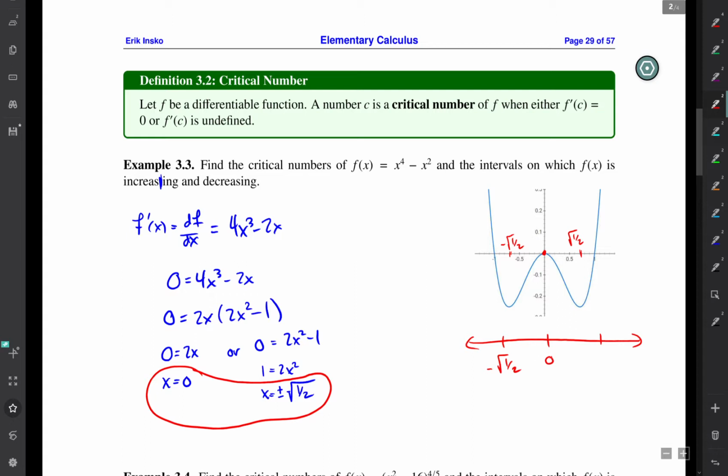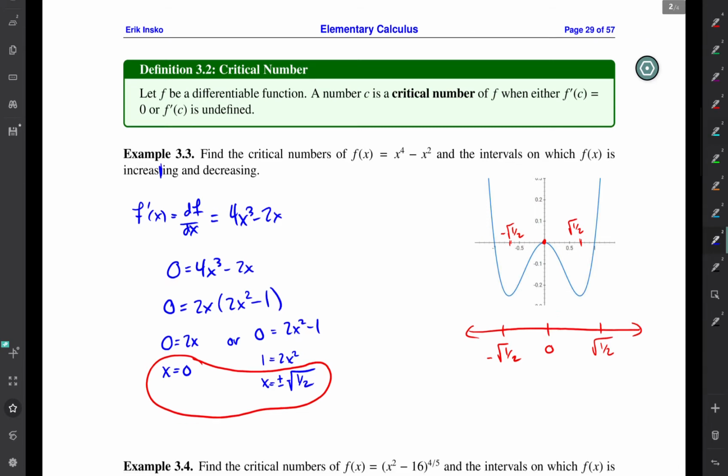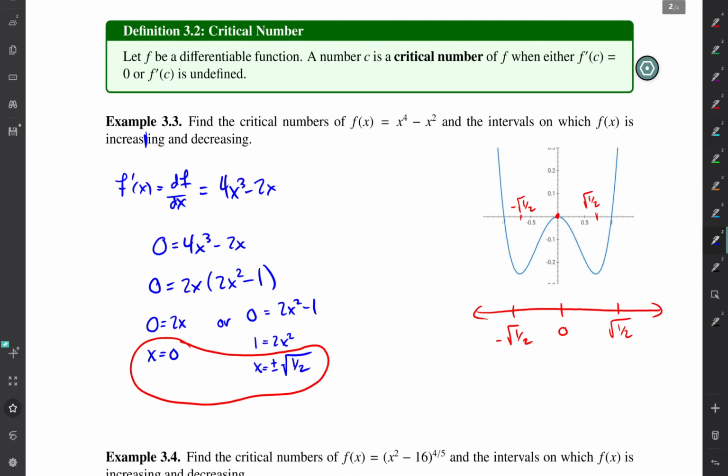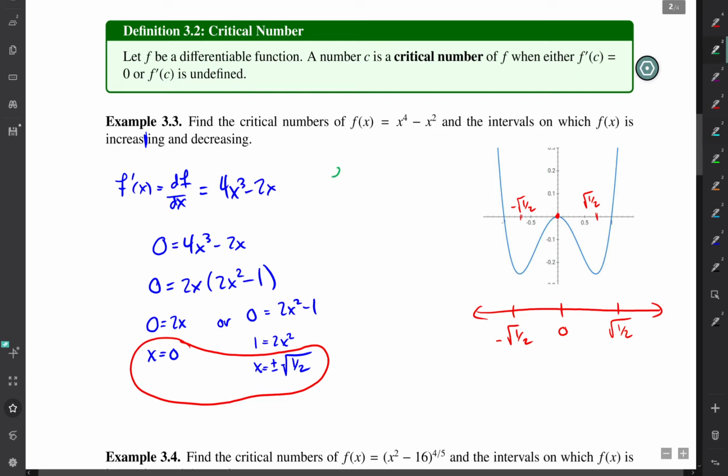And we need to check points in between those critical values to see if the function's increasing or decreasing, or to see if the derivative is positive or negative. And so I could plug in f prime of 0, which we already know is 0.